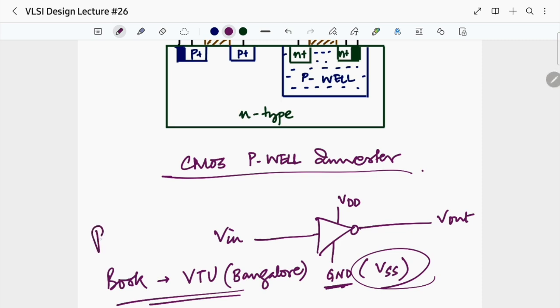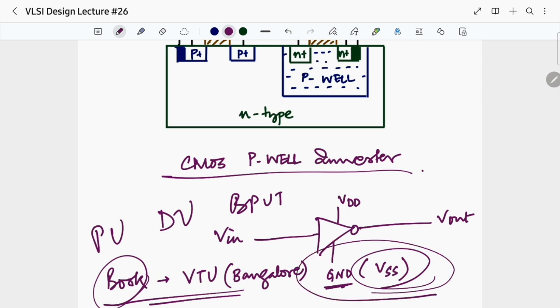Let's suppose you are from Punjab University or DU, or you are from BPUT or somewhere else. Okay, some other country university as well. Whatever is given in your textbook, you need to mention that. Alright, because your faculty will be sticking with that textbook. Alright, so remember to do that.